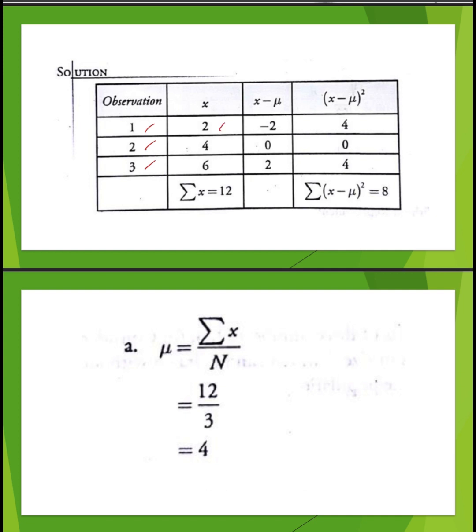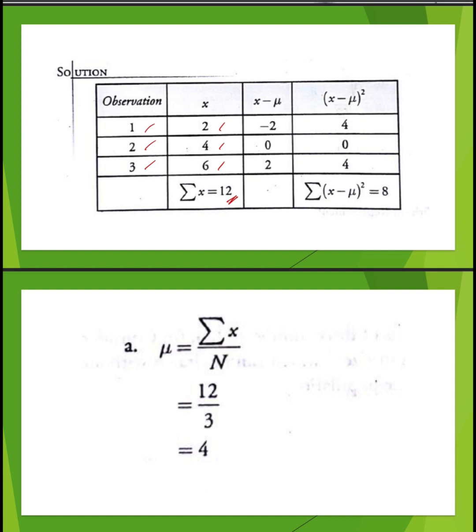Second observation, 4. And the third observation consists of the population number 6. Okay? So, let's get the summation now of these population numbers. 2 plus 4 is 6 plus 6 is 12. Okay? So, that is the summation now of the population number.